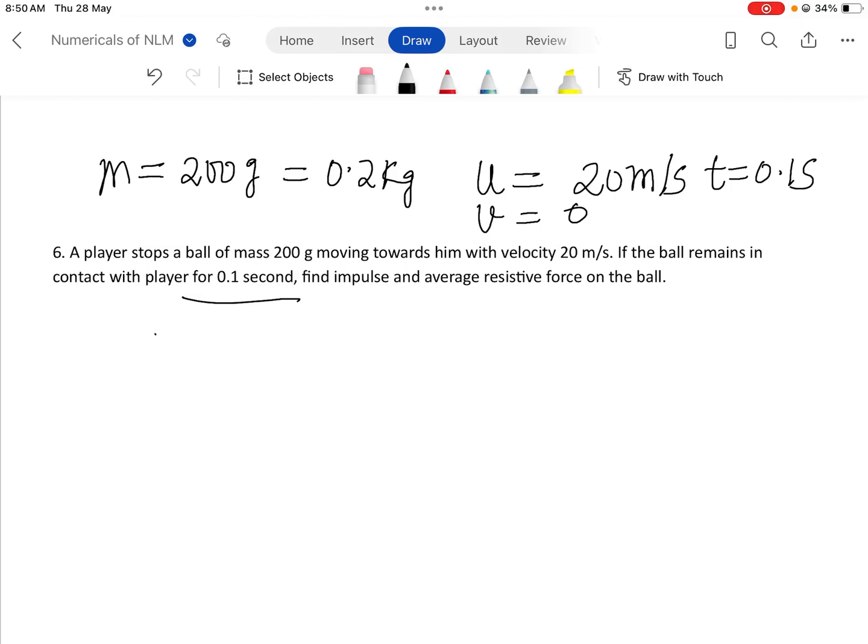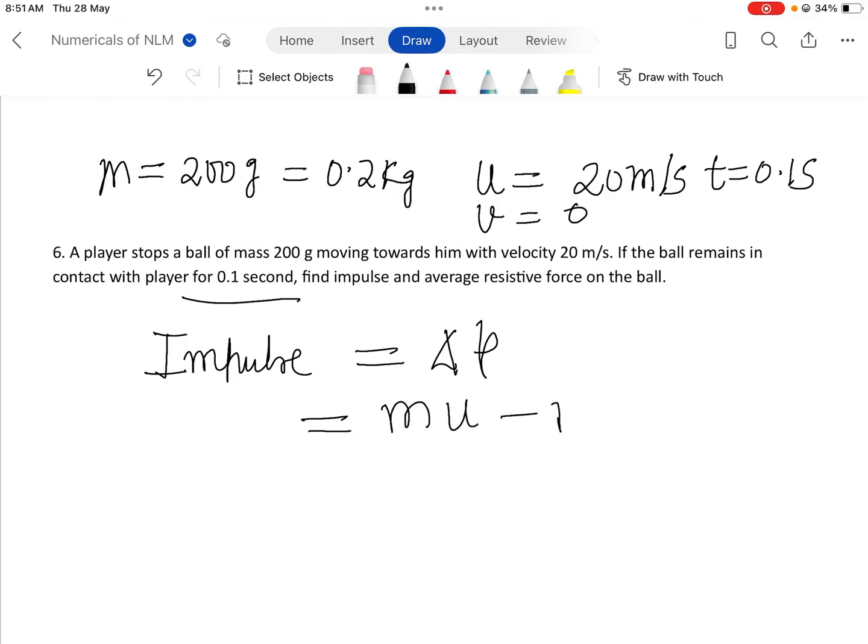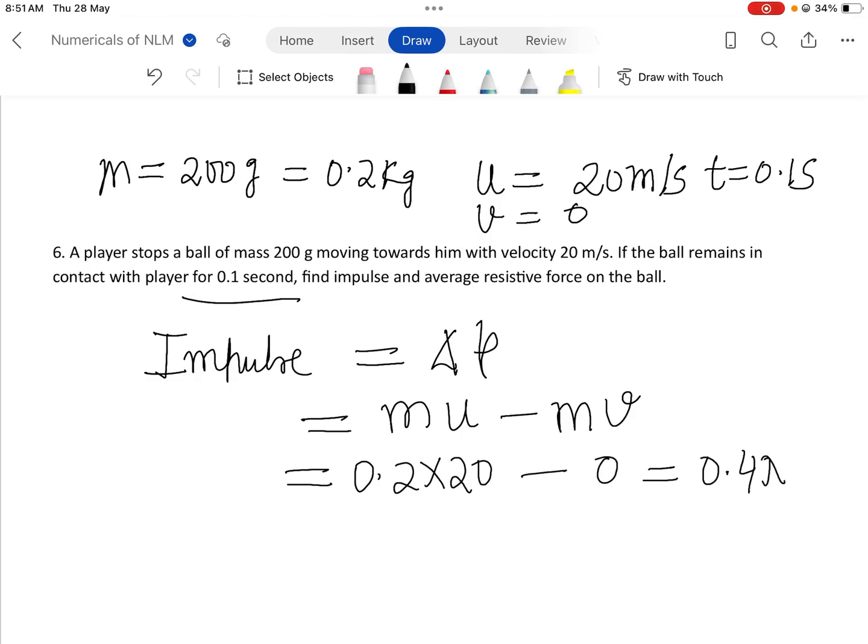So impulse will be equals to what? As we know that impulse equals to delta P. What will be delta P here? It is M into U minus M into V, because initial momentum is more. Final will become 0. So it is 0.2 into 20 minus 0. That is equals to 0.4 Newton second.